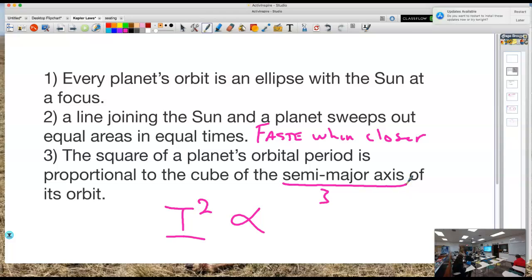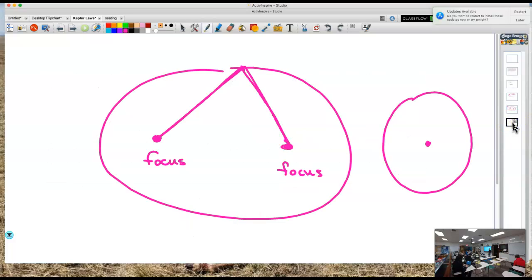So what do you think I'm going to have you find? There you go. What is the semi-major axis of an ellipse? Find it. Let's define it and see what it is.